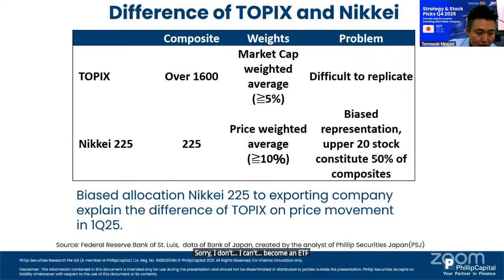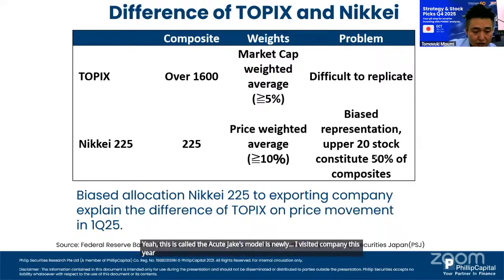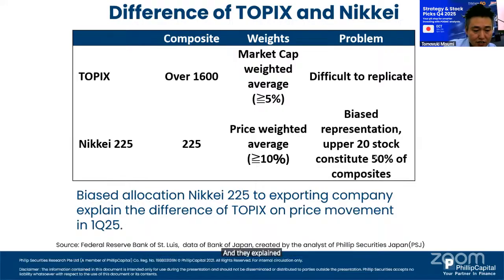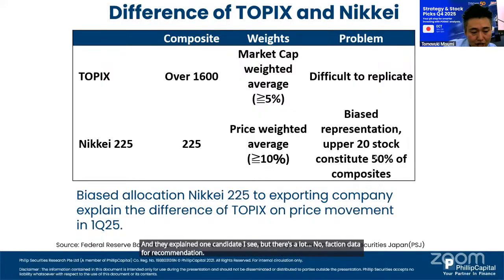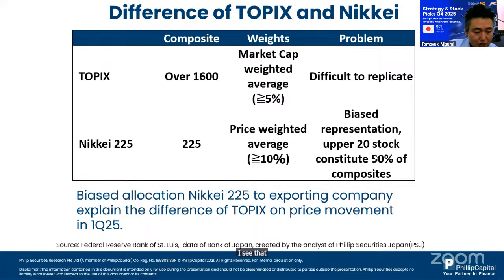Your opinion on JX? This is JX Metal, a newly listed company this year, and it is one candidate I see, but there is not sufficient data for a recommendation. I see that they deal with copper.